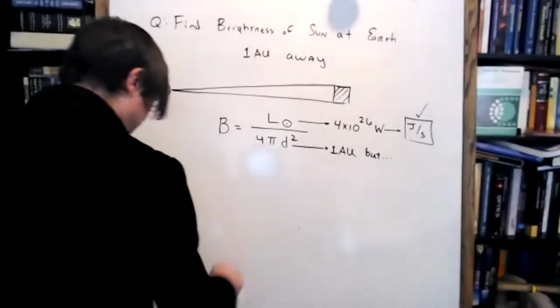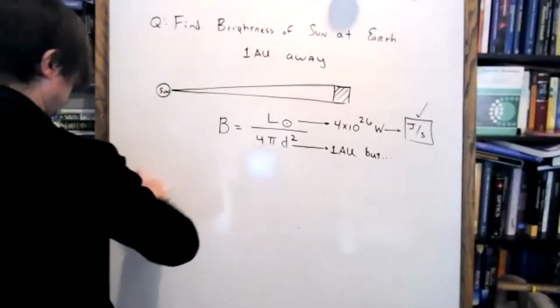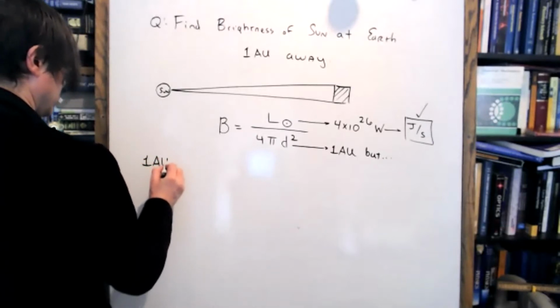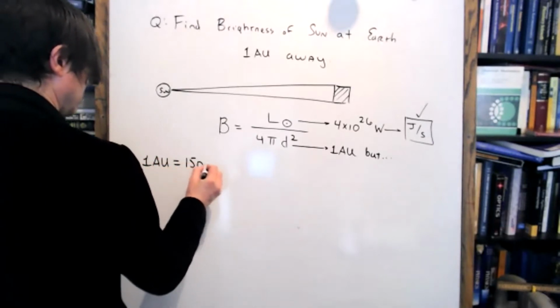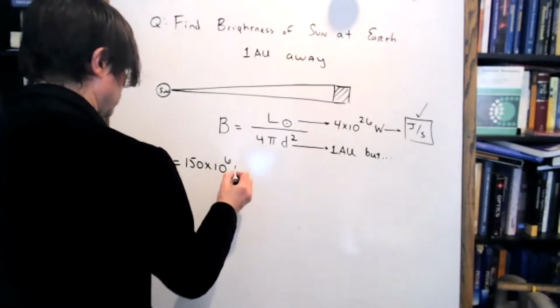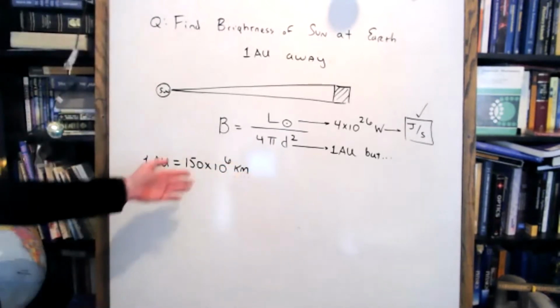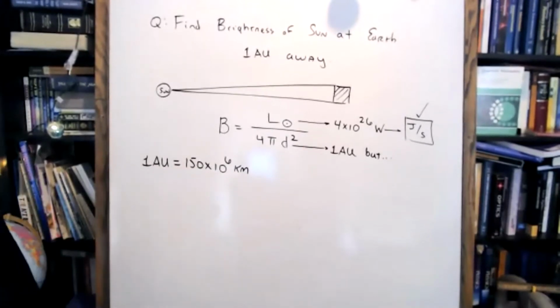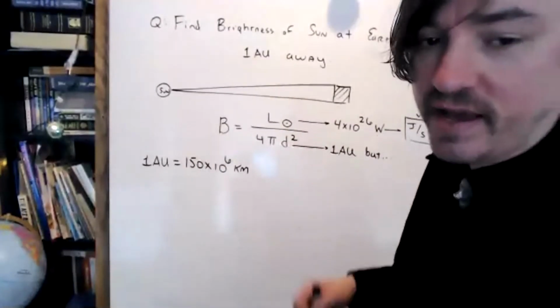What are you going to do, Kelly? So you're going to put 1 AU times. Why don't we start, I'm going to save you a little bit of time. Let's start with 150 million kilometers. We could convert from kilometers to AU, but I kind of just did that.